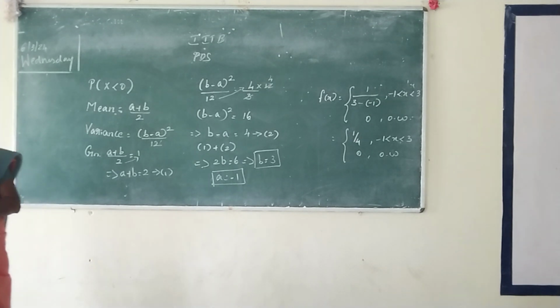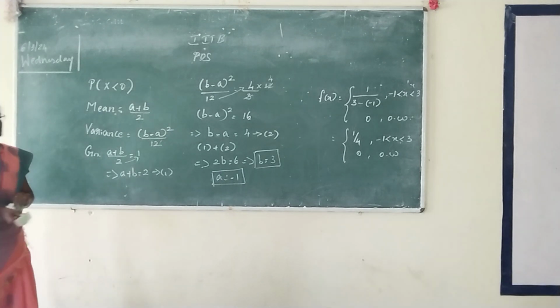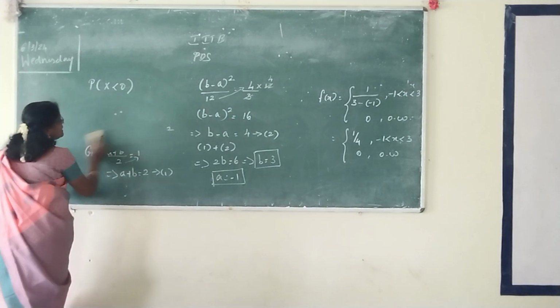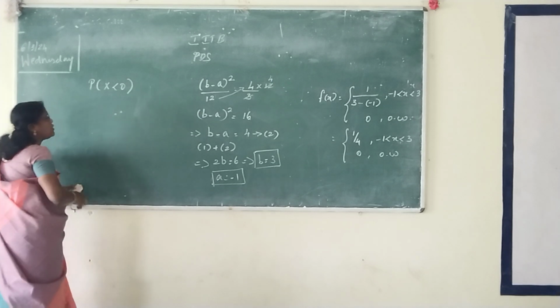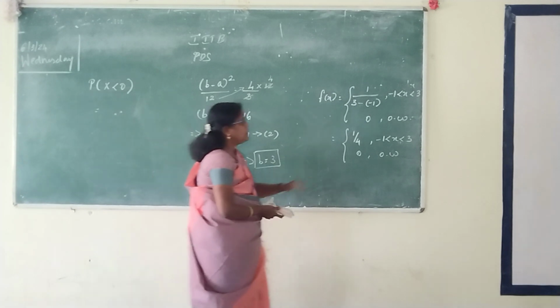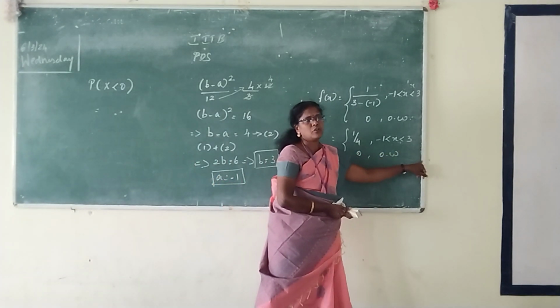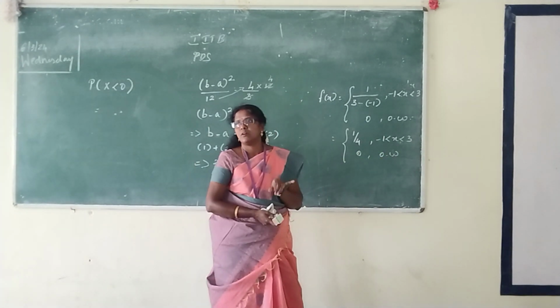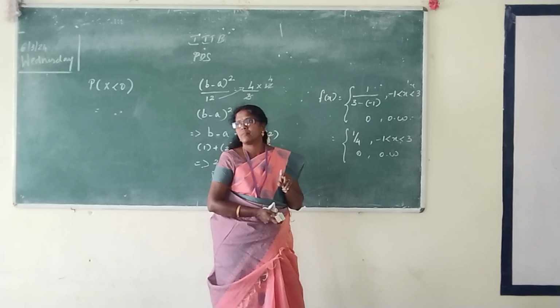So they are not given directly, we have found them ourselves. What is the thing you have to find? Probability of x less than 0. So for less than 0, what are the possible values now? x varies from minus 1 to 0. x less than 0 means from minus 1 down to minus infinity.